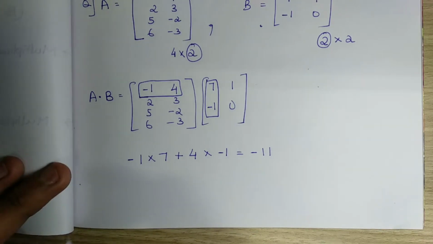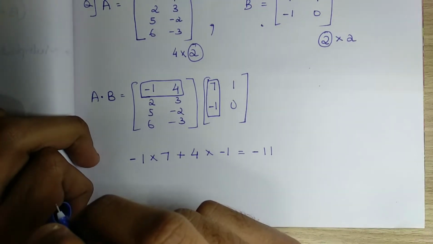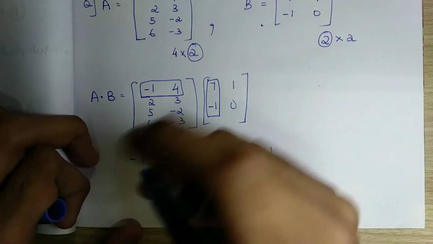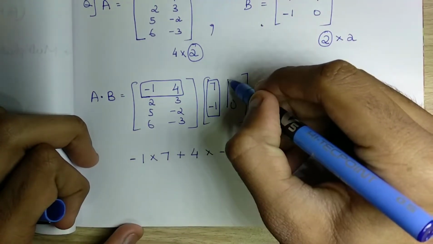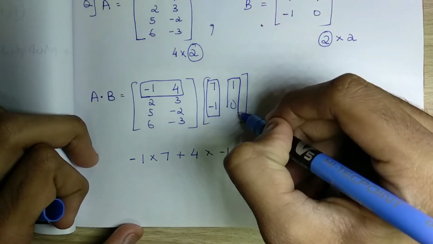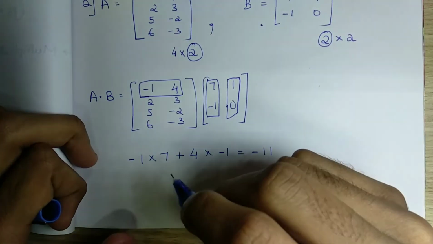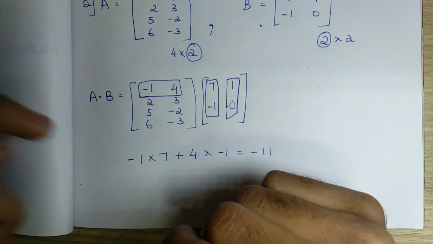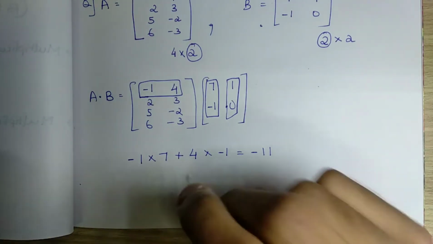Following that, we multiply the elements along the first row of matrix A with the corresponding elements down the second column of matrix B, and then add the results. This gives us the answer we'll need to put in the first row, second column of the answer matrix.